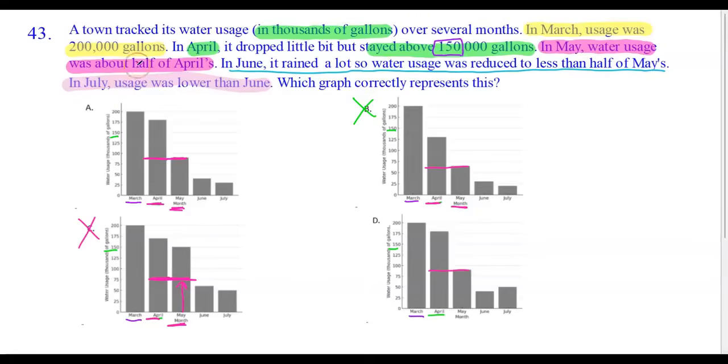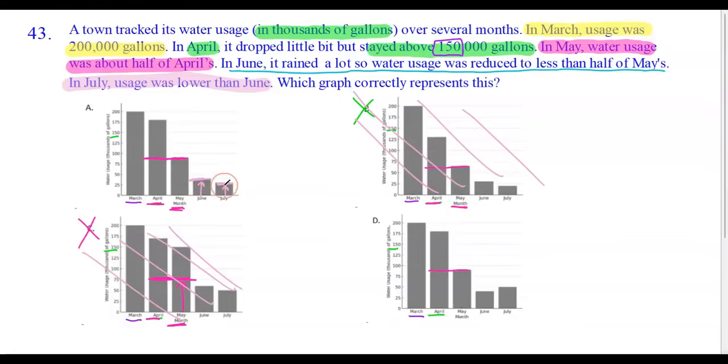All right, so let's go to our last answer choices remaining. Remember, B and C we eliminated. The water usage in July is basically lower than June. Is that true with A? Here's July's water usage. Here's June's. Yep, July is definitely lower than June.